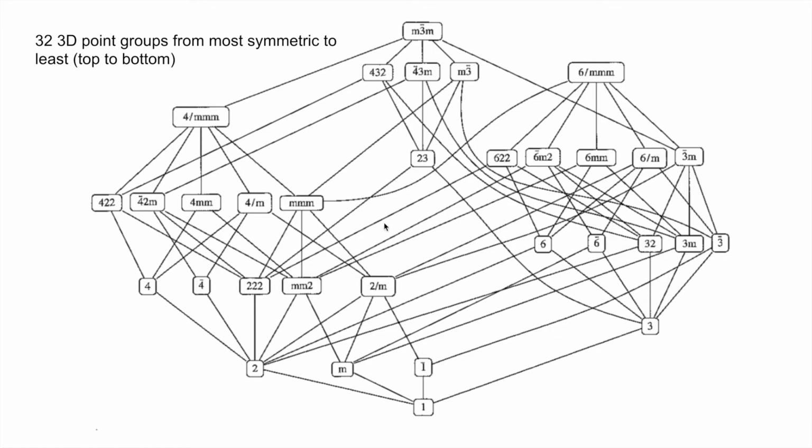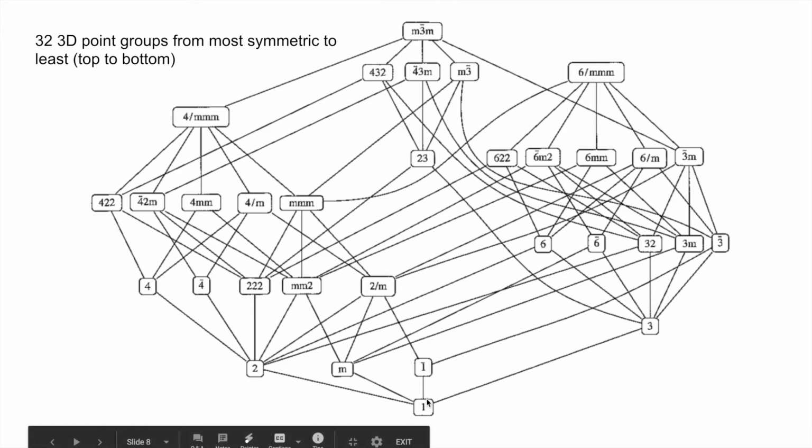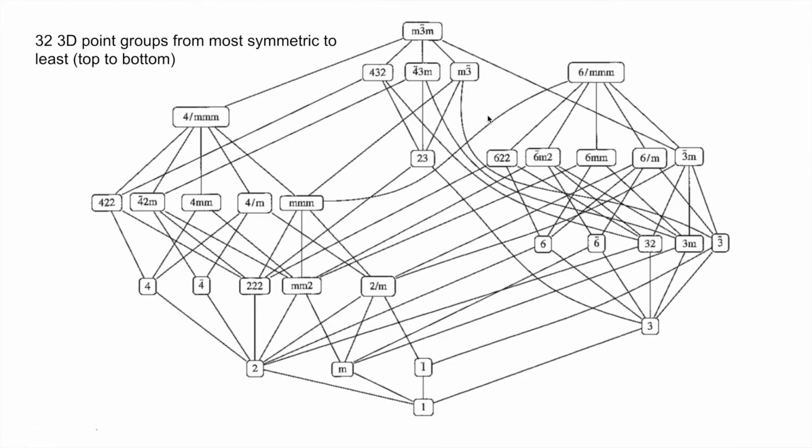This is a map showing you those 32 point groups and which are more symmetric. Up here at the top are the most symmetric point groups, and down here at the bottom, 1 is always going to be the least symmetric, and anywhere in between you can see the relative symmetries of these various point groups in 3 dimensions.